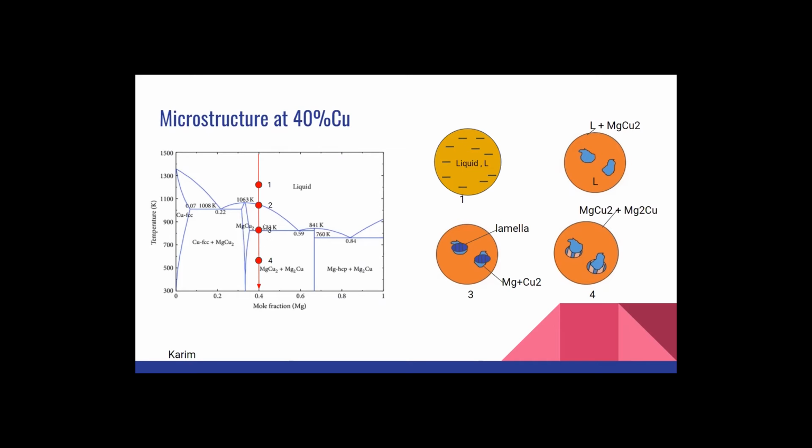At point 3, at nearly 823 Kelvin, the microstructure becomes liquid plus MgCu2 plus Mg2Cu. After 823 Kelvin, the eutectic starts to freeze and then continues to solidify, forming the region MgCu2 plus Mg2Cu.